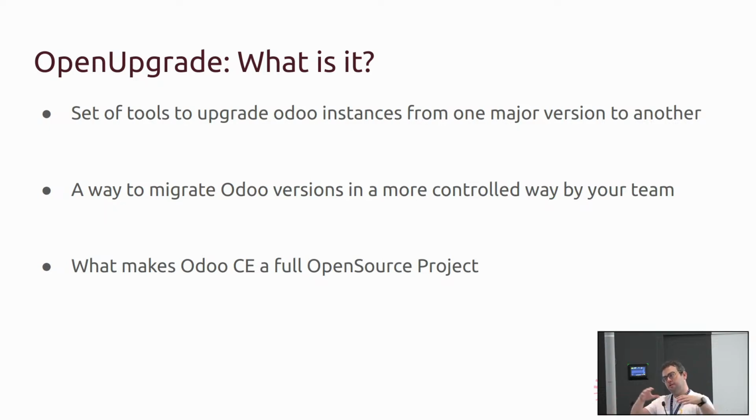But Odoo as a whole product is not open source, because you cannot go from Odoo 15 to 16 to 17 and next year to 18, as there is no migration path. So this tool provides it, because it is an open source option for migration.